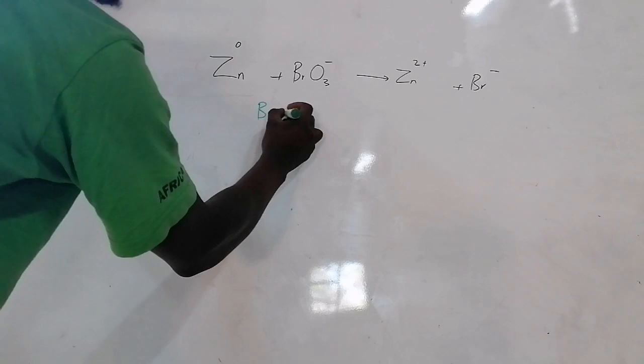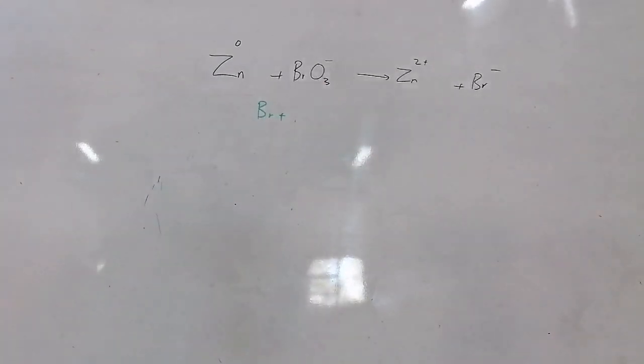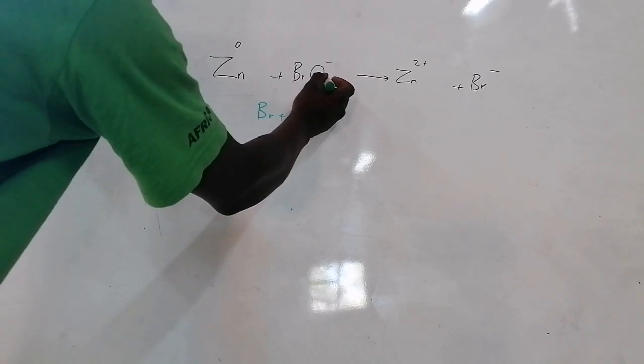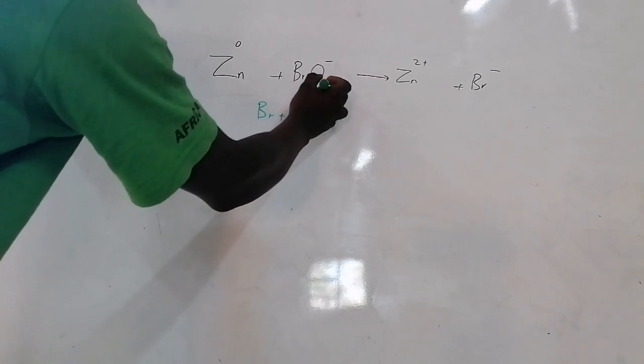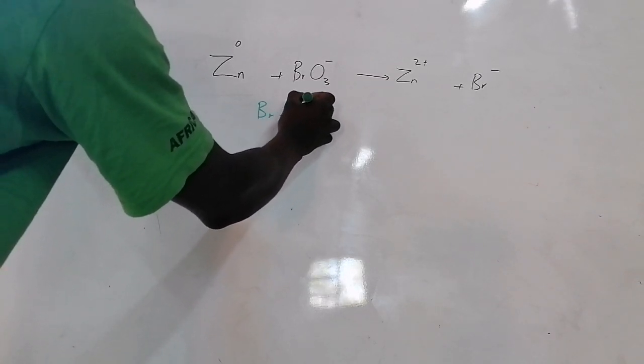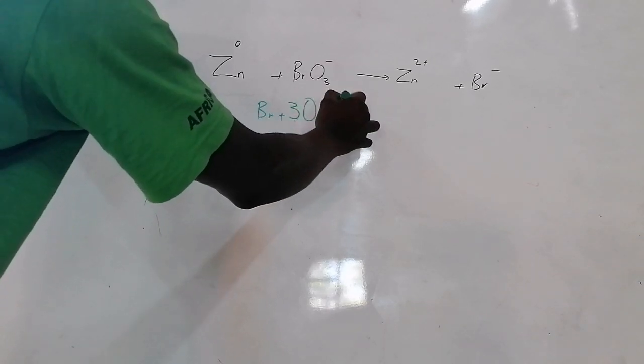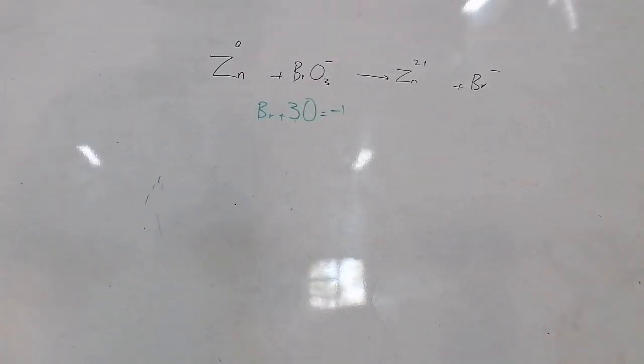Br plus how many oxygen atoms do we have? We have 3. So we take this subscript and make it a coefficient, equal to the net charge. The net charge becomes -1, right? You can pause this video and do it on your own.